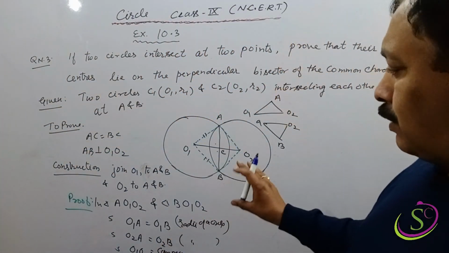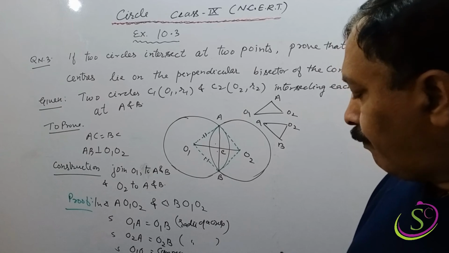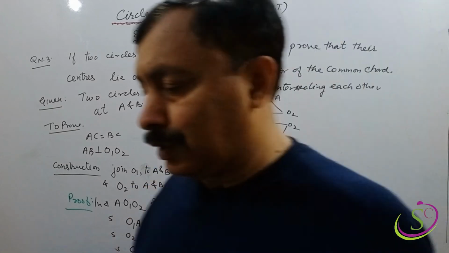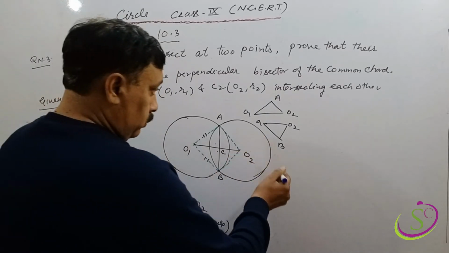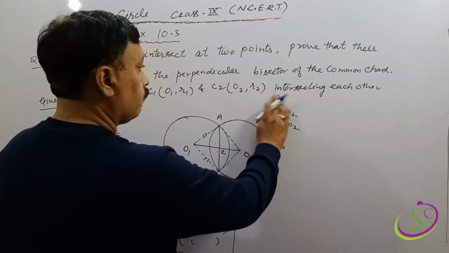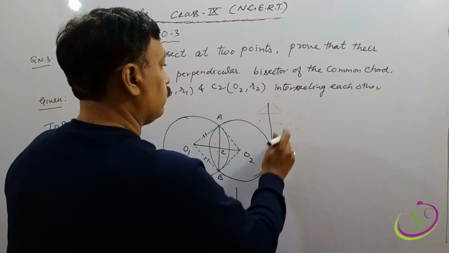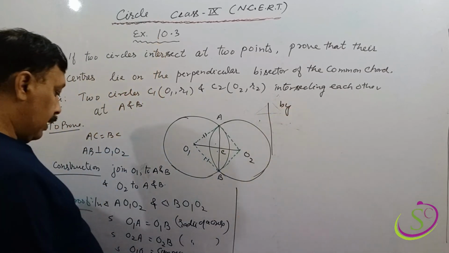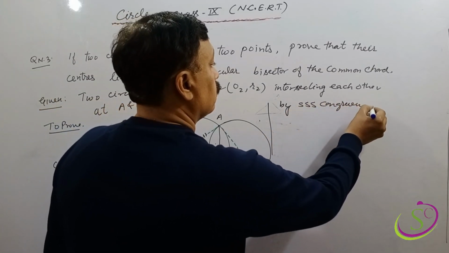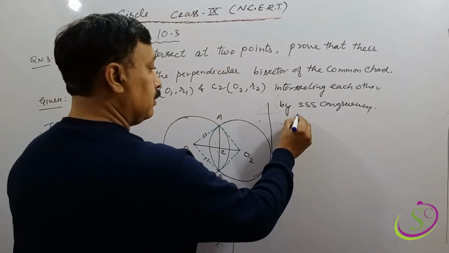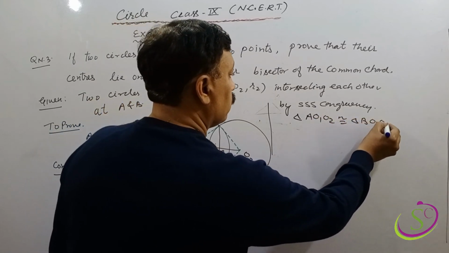First of all we have to make both the triangles congruent. Why? Just wait for one line, the answer will be obtained. So by SSS congruency, triangle AO1 O2 is congruent to triangle BO1 O2.